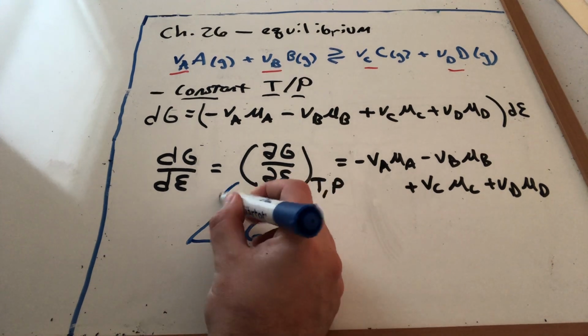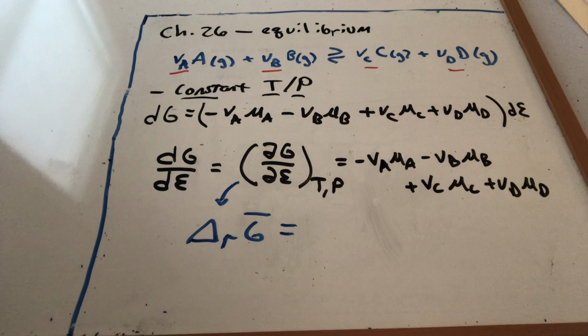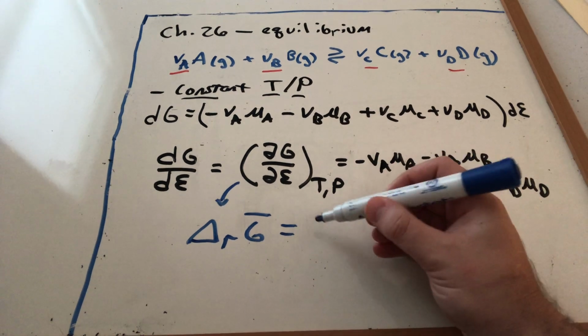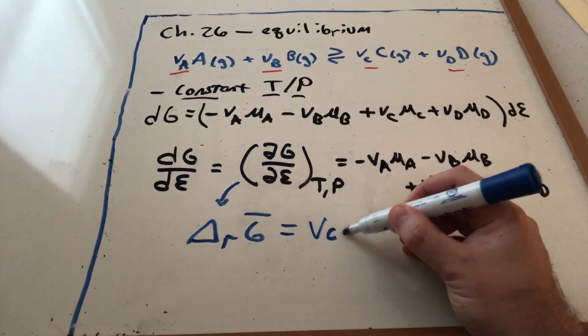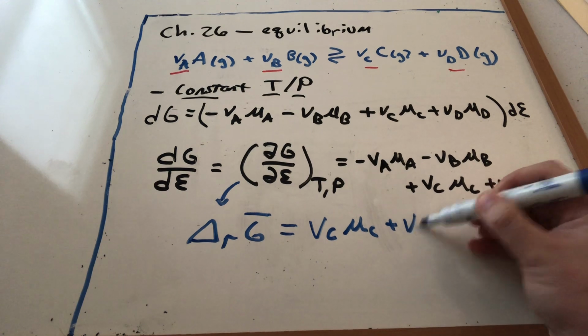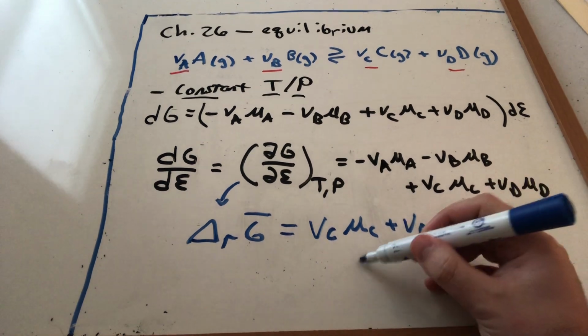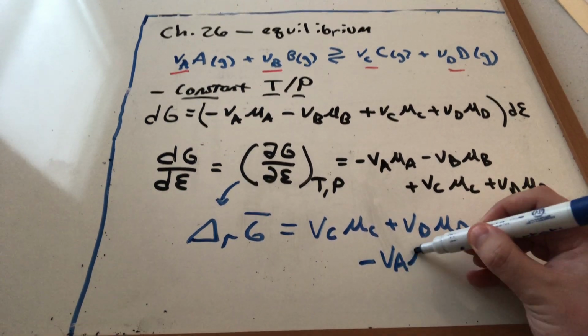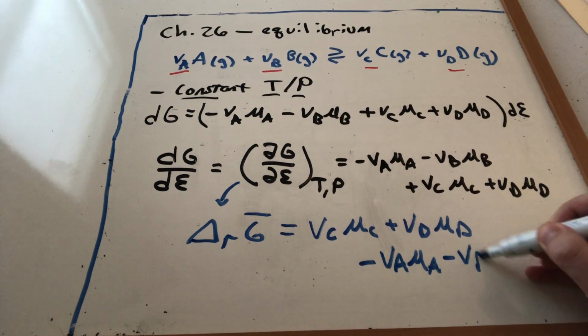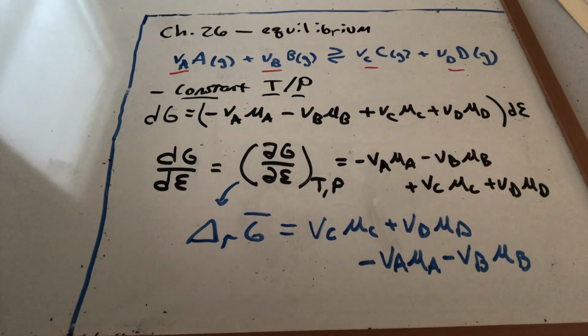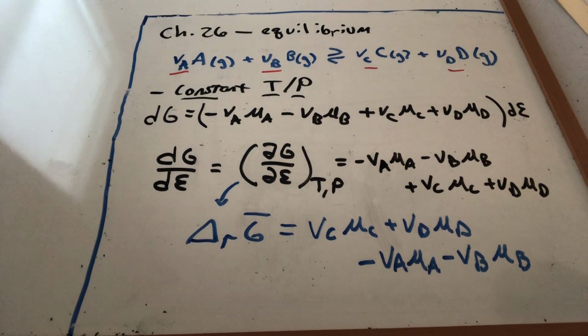It's the molar Gibbs energy for a reaction. And I'm just going to rearrange this side here: Vc mu C plus Vd mu D minus Va mu A minus VB mu B.